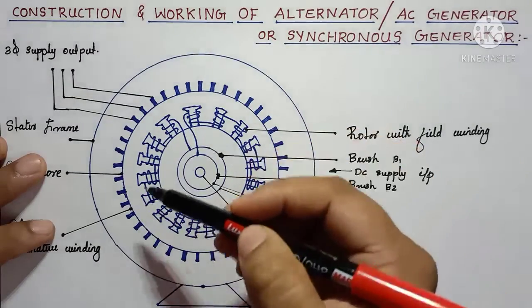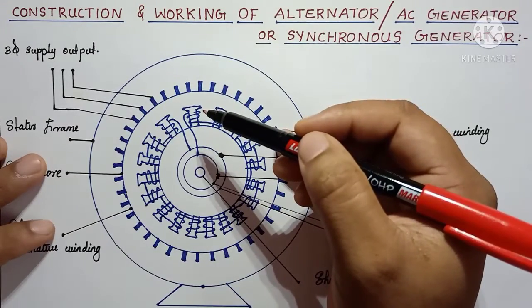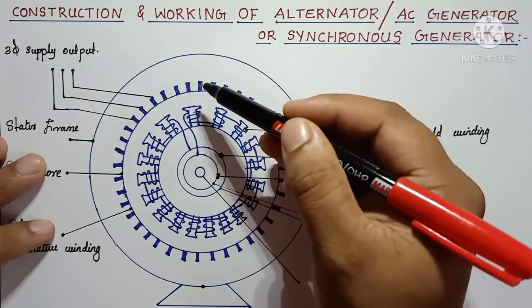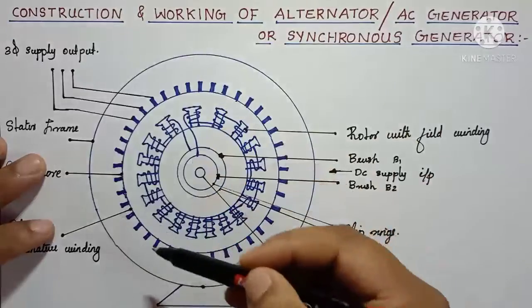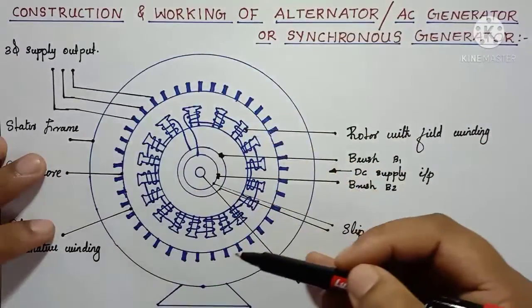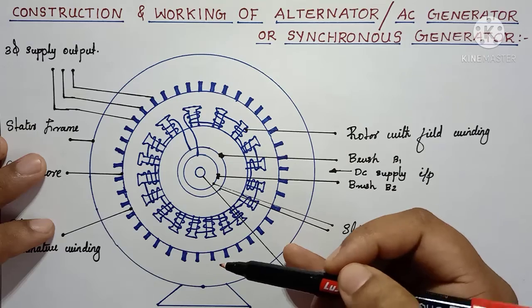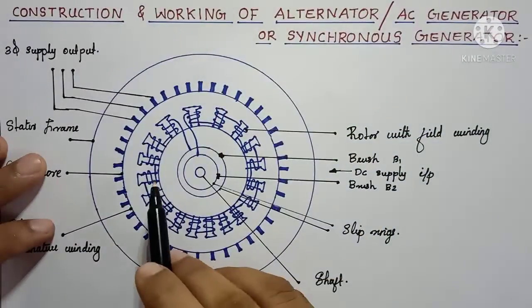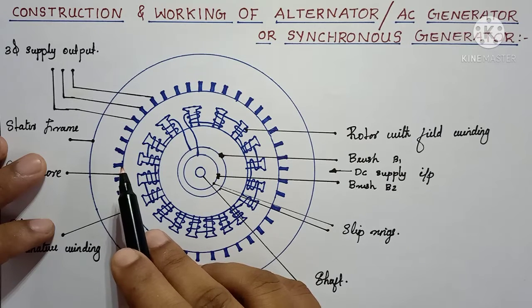Due to this rotating motion, the magnetic field of the field windings cuts the armature windings. Every time, the rotating field cuts the armature windings, and since they are closed, some current will be induced in that conductor according to Faraday's law.